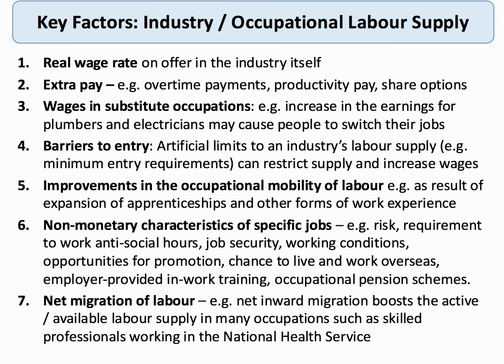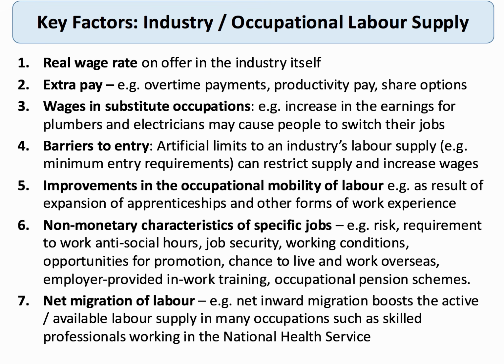Now, there are many factors which affect the labour supply to a particular occupation or a particular industry. Clearly, the real wage on offer in the industry itself is important. That's the wage adjusted for inflation. And also people look at the opportunities for extra pay, be it perhaps the potential for overtime, some productivity related pay schemes, perhaps some share options, other financial inducements that could attract people into a job.